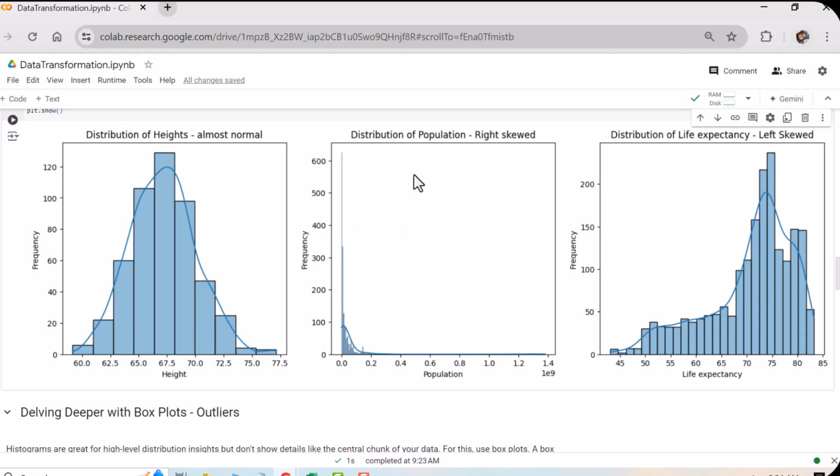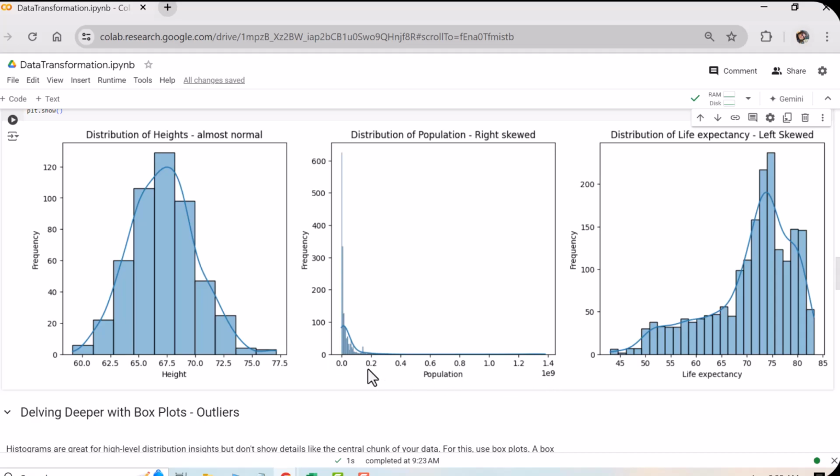Again, having a look at the distribution of population, it is very highly positively skewed. As you can see, most of the data is here. This axis indicates the total population, and this frequency indicates the count of population, and this is with regard to each country.